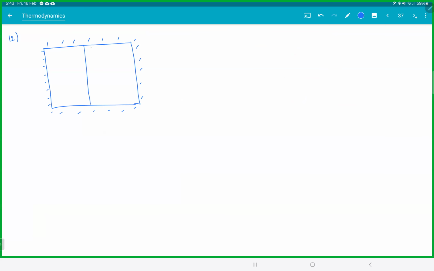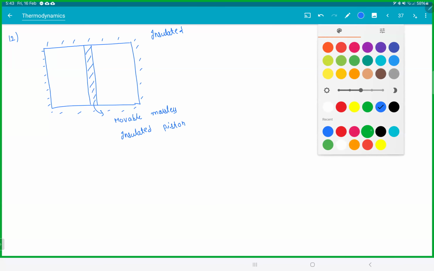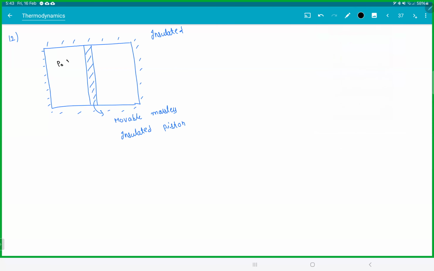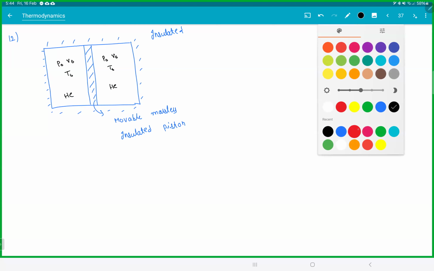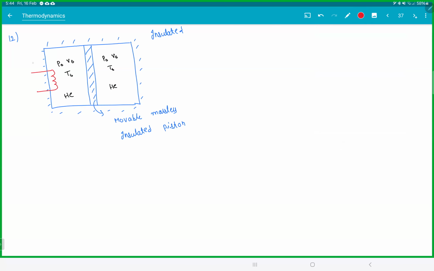So we have a piston here. Movable, massless, insulated piston. The whole vessel is insulated. Initially, this side is P naught, V naught, T naught, helium, and helium. You have a heater.